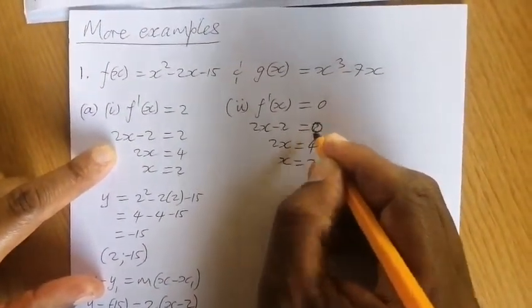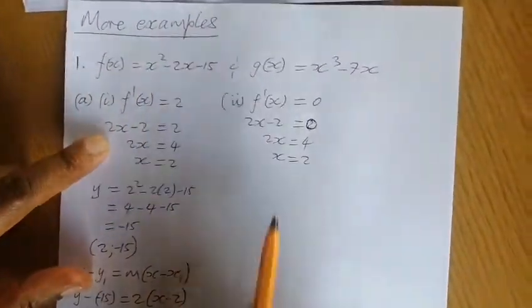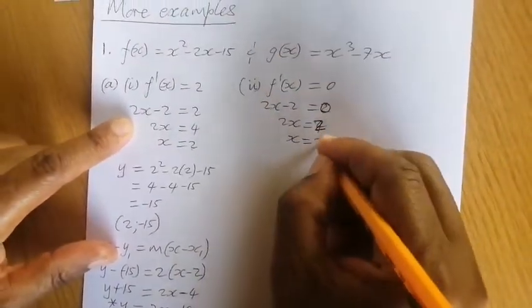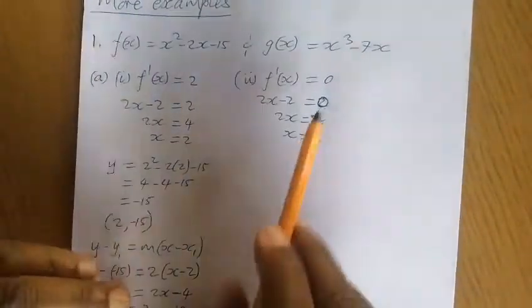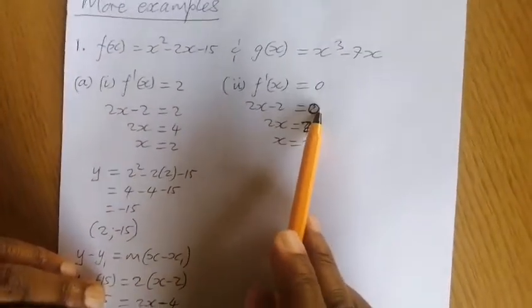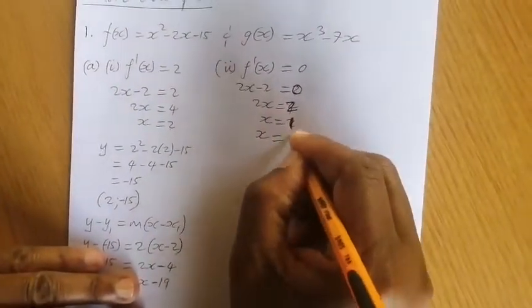This is equal to 0 because we are told that f dash of x is equal to 0. So we substitute 0. Please take note of that, it was my error. 2x minus 2 is equal to 0. Then we solve for x and our x is actually 1.